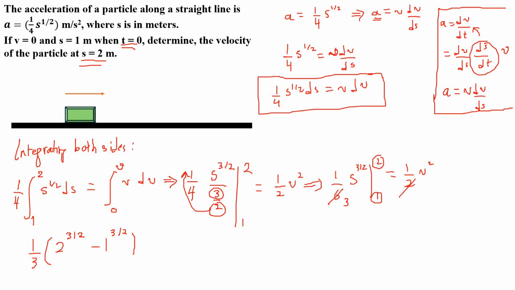So this is equal to v squared. Now v will be the square root of this. Putting this into the calculator, I got the velocity at this position of 2 meters to be 0.781 to three significant figures, meter per second.